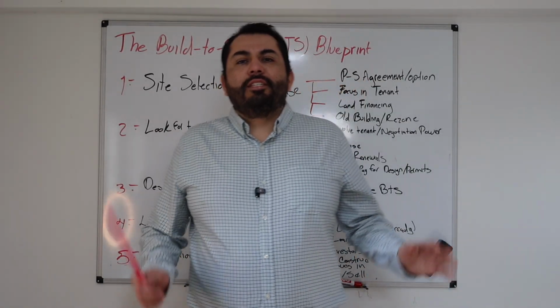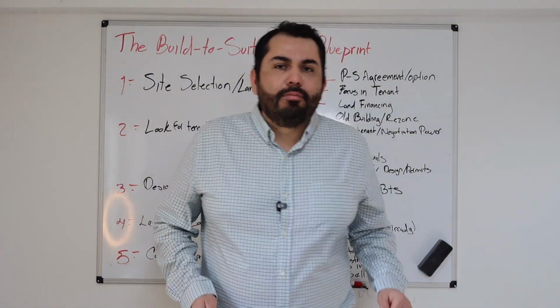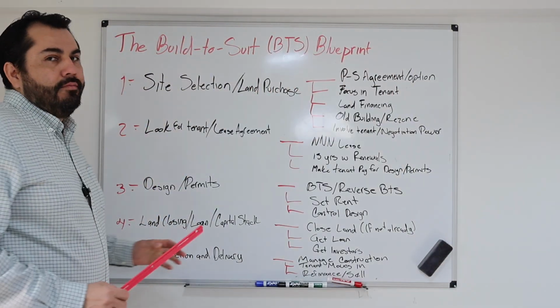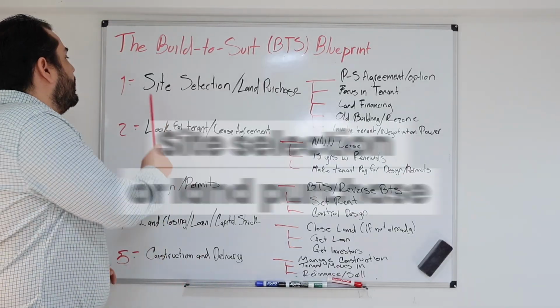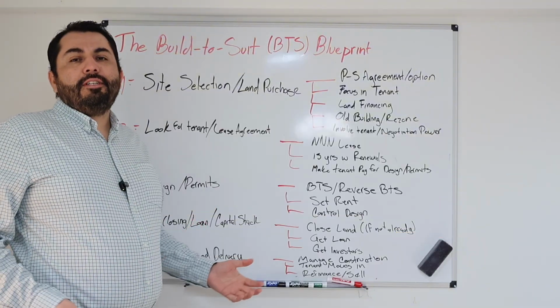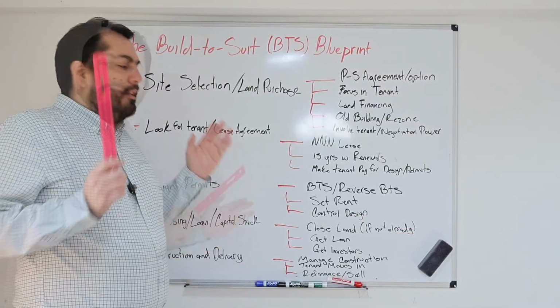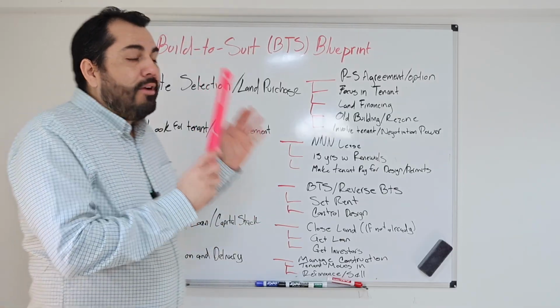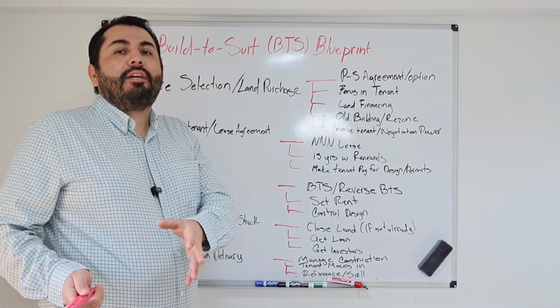Okay, so now let's see how to structure and execute a build to suit project. The first thing to structure a build to suit project is site selection or land purchase. You first need the land, because as they say, location. If you have a good land site, you will attract a very good tenant.